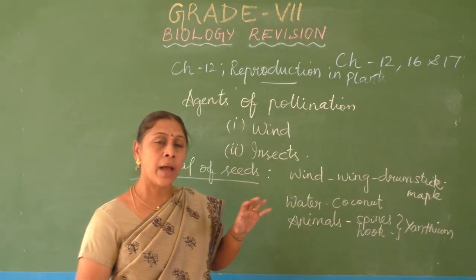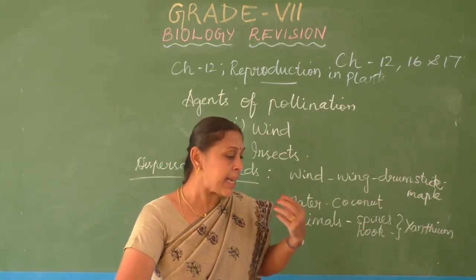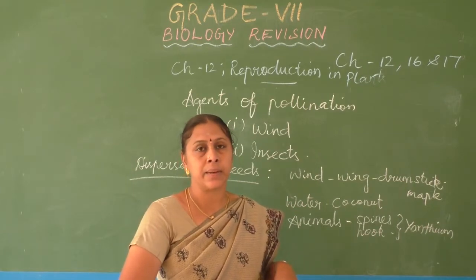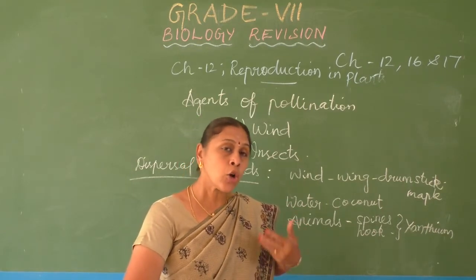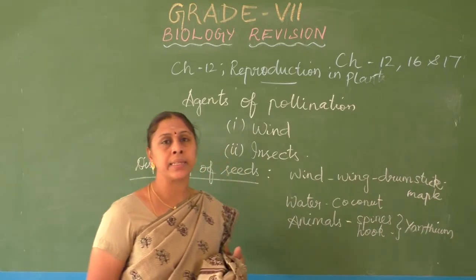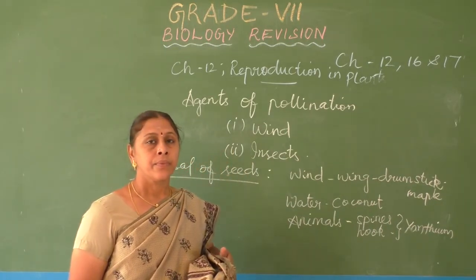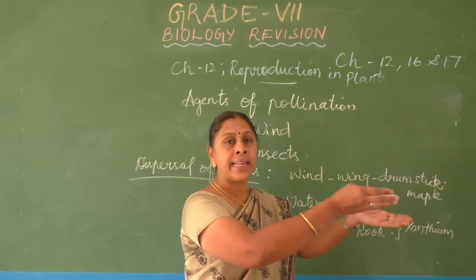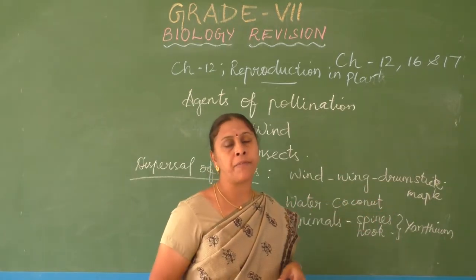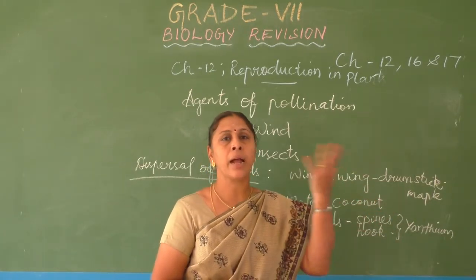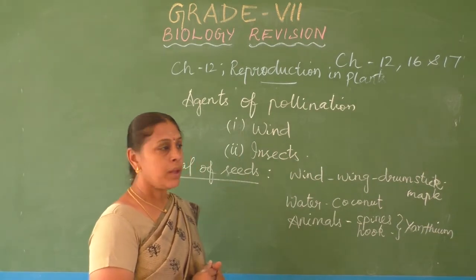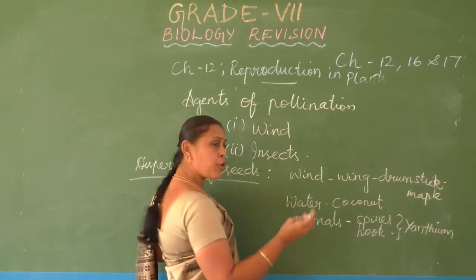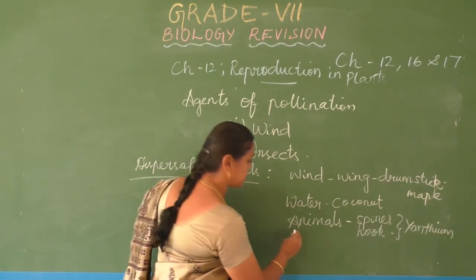These seeds which have hooks or spines will get attached to the body of animals or to the clothes of human beings, and they will be carried to various places, and they will fall off after some time, and start to germinate. So with the help of animals or human beings also, seeds get dispersed.